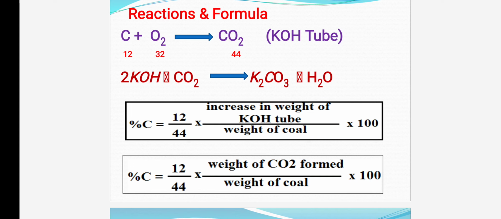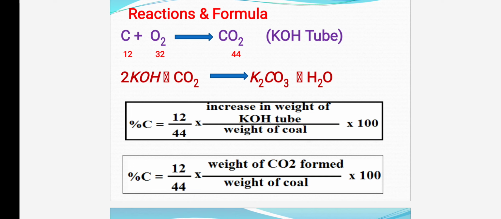The product is potassium carbonate, K2CO3, and the byproduct is H2O. So this second reaction clearly indicates that the byproduct is H2O. That's why we place the CaCl2 U-tube first and then the KOH U-tube. If we placed the KOH U-tube first, what would happen?